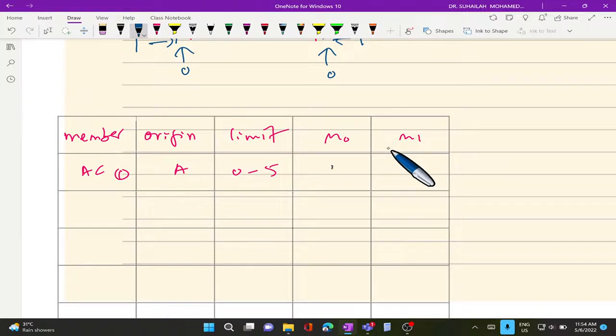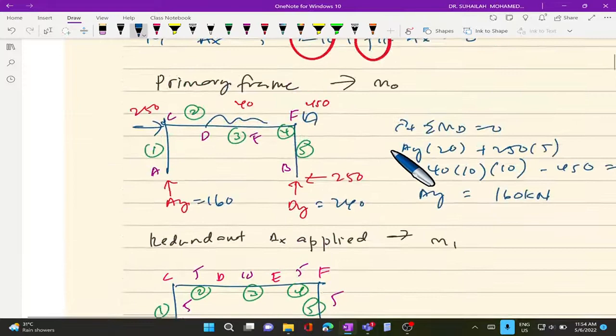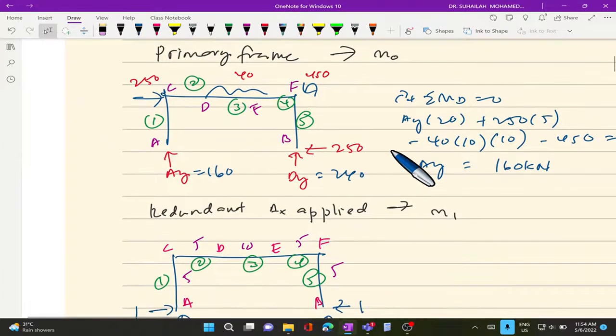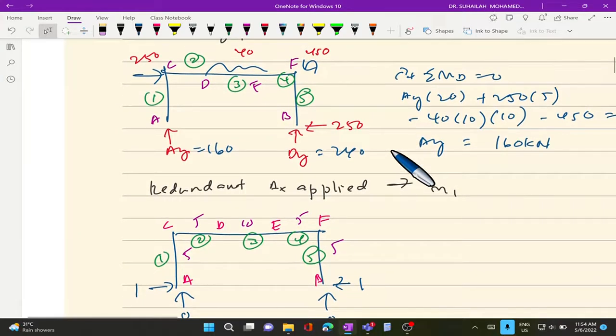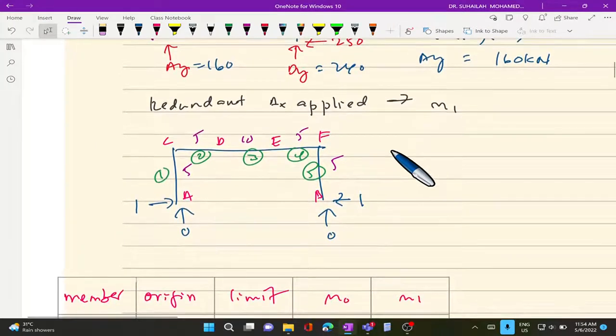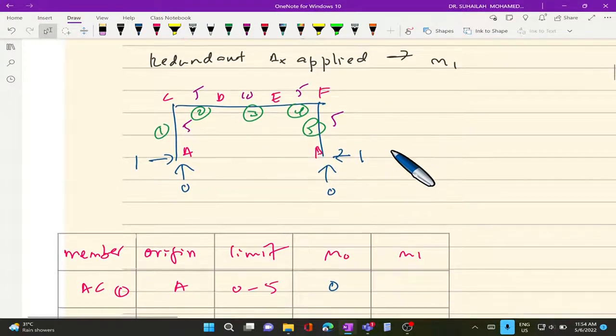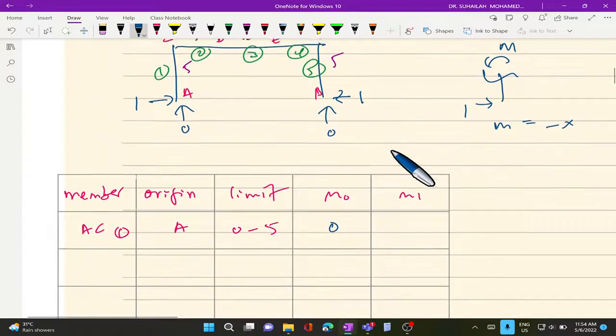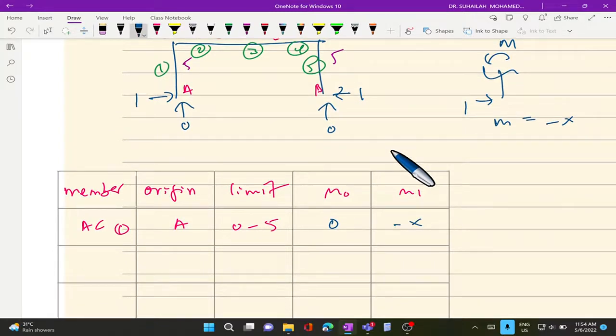The value is equivalent to 0 for the primary frame. Okay, for redundant, what we get is like this. This is 1 moment anti-clockwise. So M is equivalent to negative X.